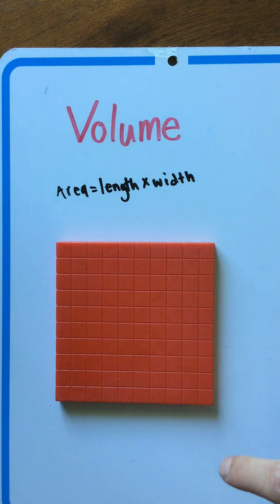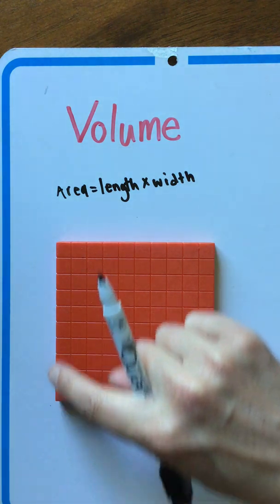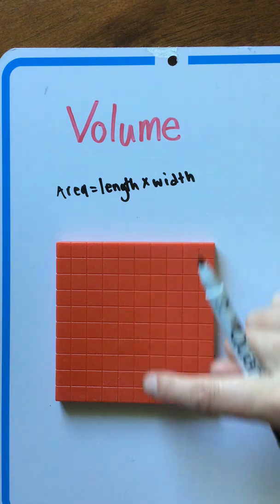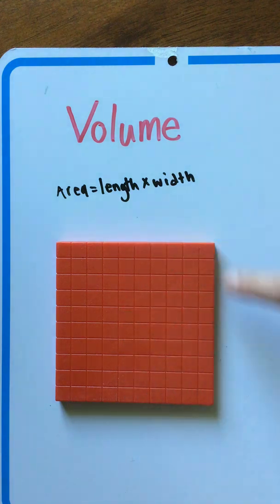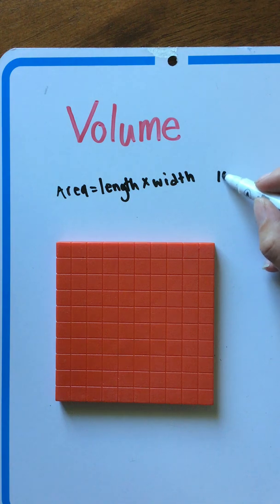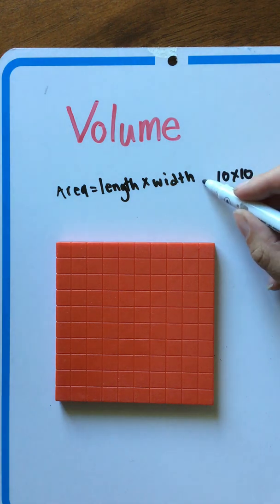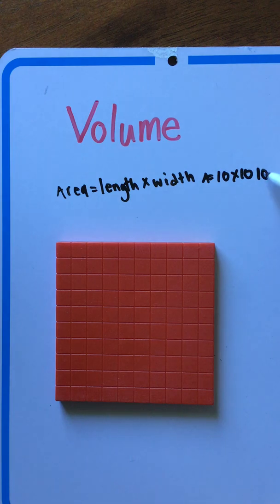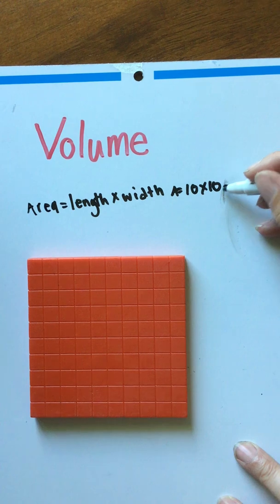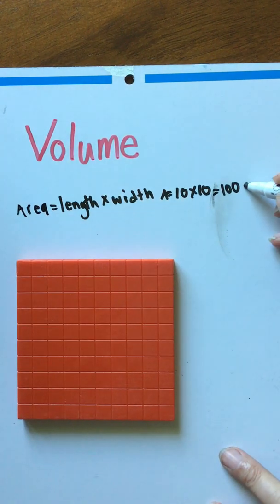Or if you didn't want to multiply, you could add 10 plus 10 plus 10 plus 10 plus 10 plus 10 plus 10 plus 10 plus 10 plus 10. Anyway, that would be a waste of your time, but the math book is going to ask you to do that twice. You can handle it twice, and it's not that many times. Okay, so in this case, our area would be 10 times 10, which is 100 squares.